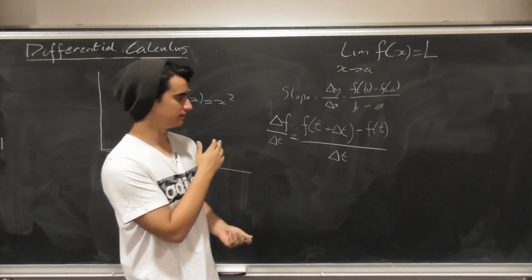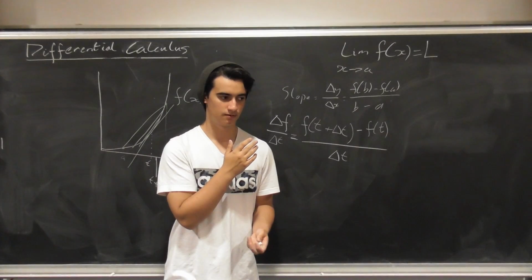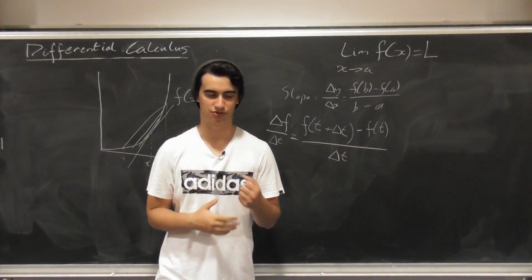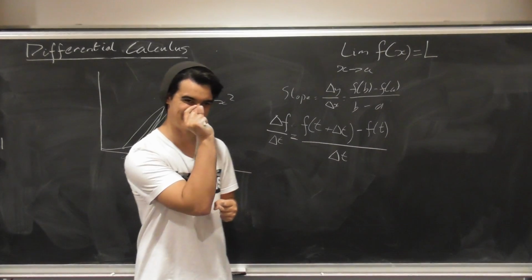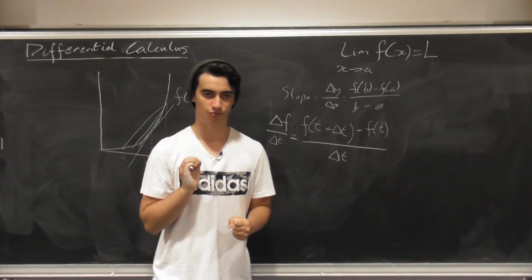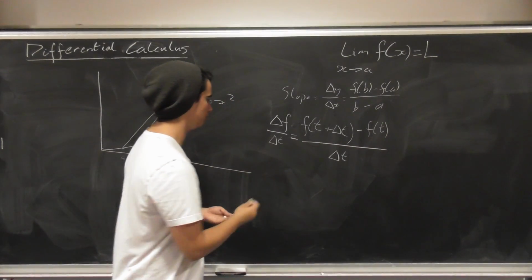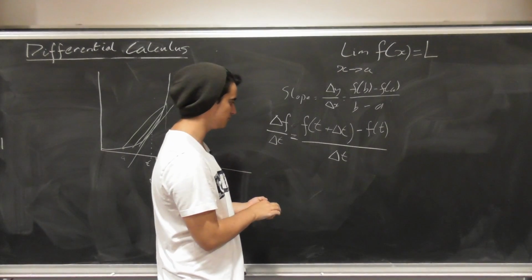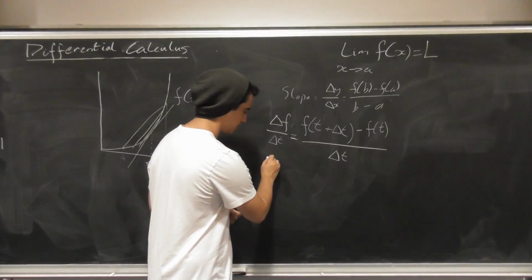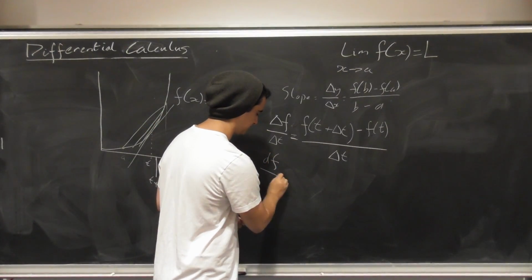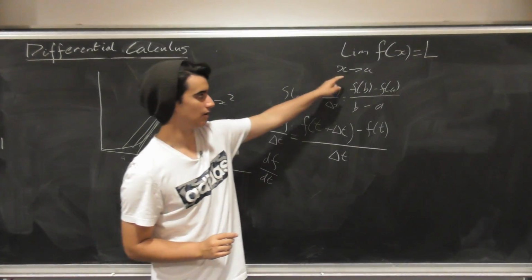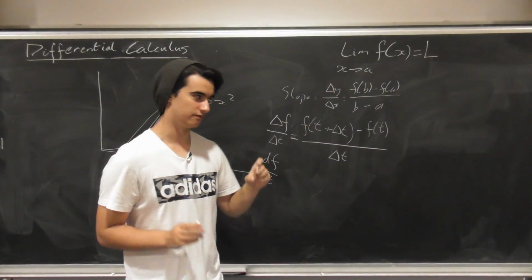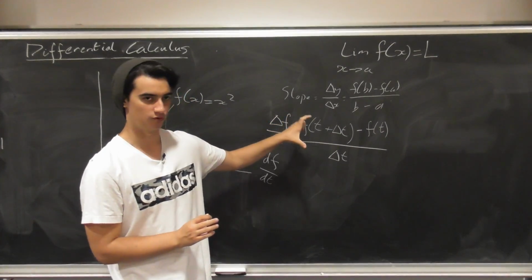We're going to have to use our limits now, because as great as this is, it doesn't pinpoint exactly where we want to go. So we now have to take a limit, and instead of using delta f and delta t, we write df dt to show that it's now a derivative. It's now the limit being taken instead of some normal amount.